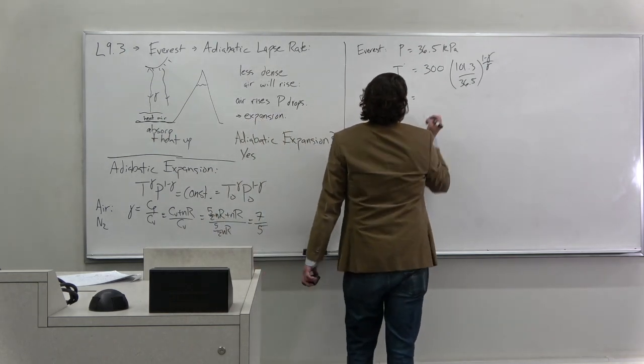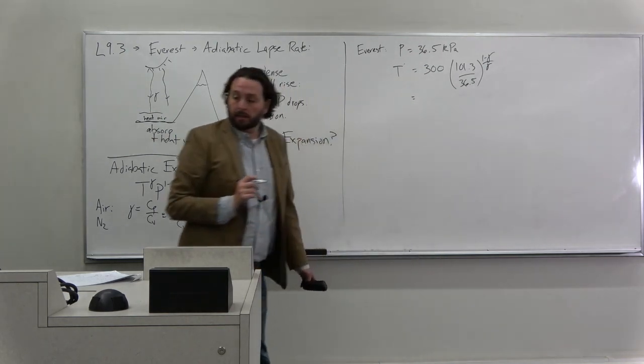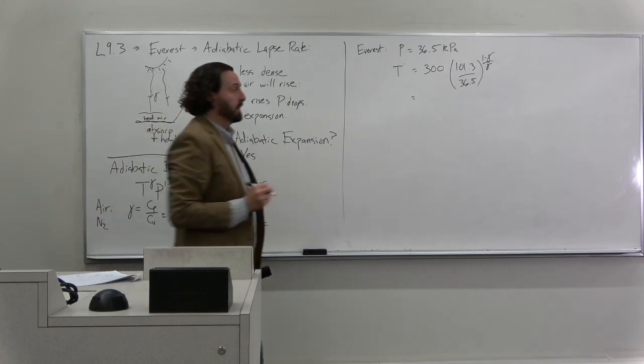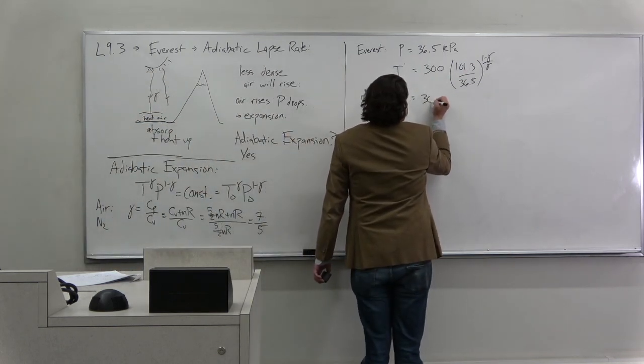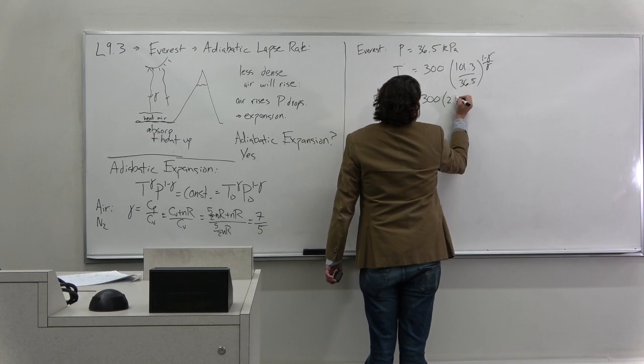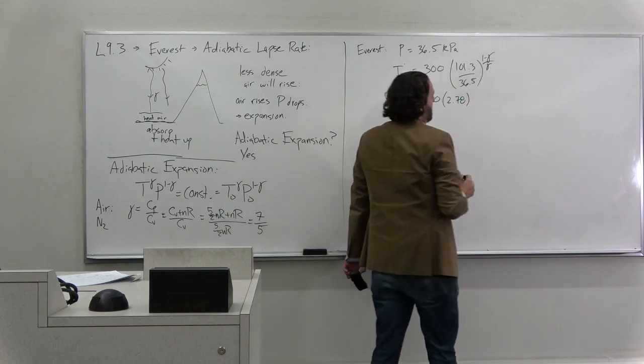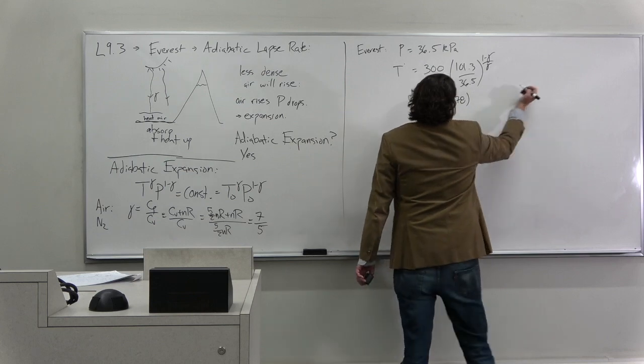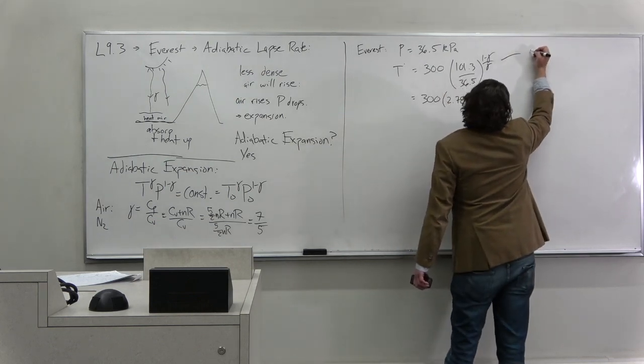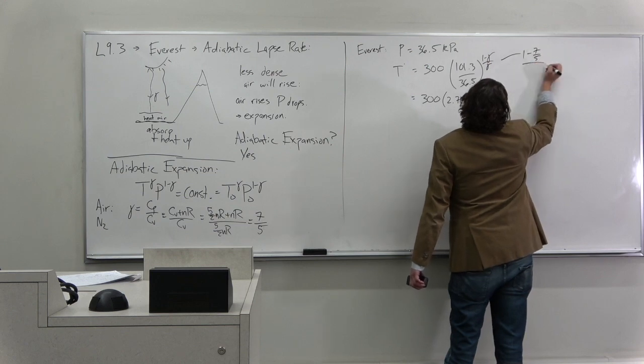So this should be 300 times 2.78 to the 1 minus 7/5 over 7/5.